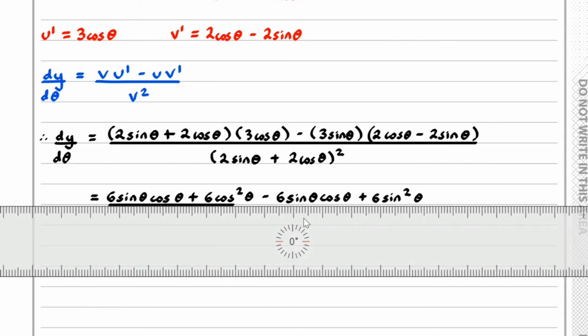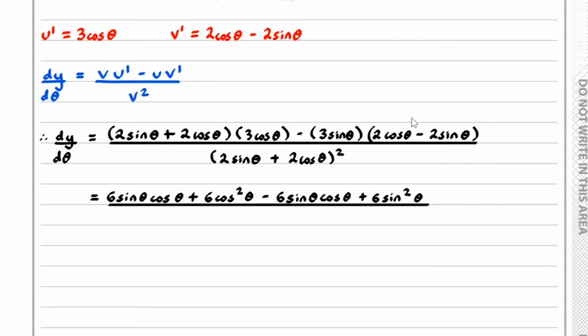And on the bottom, 2 sine theta plus 2 cos theta all squared, we end up with 4 sine squared theta plus 8 sine theta cos theta plus 4 cos squared theta.